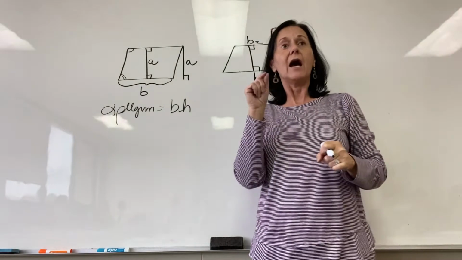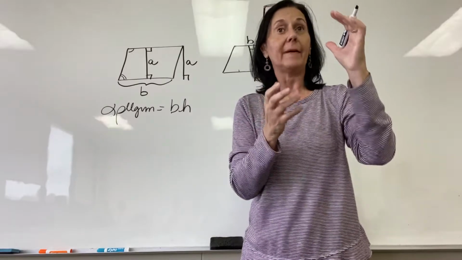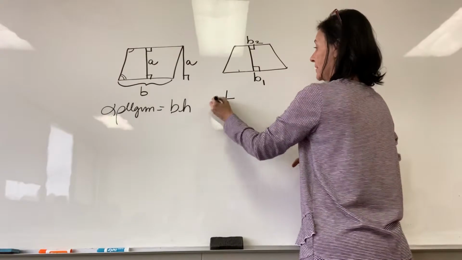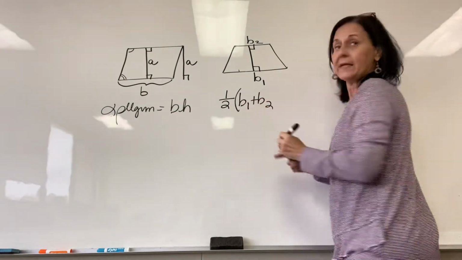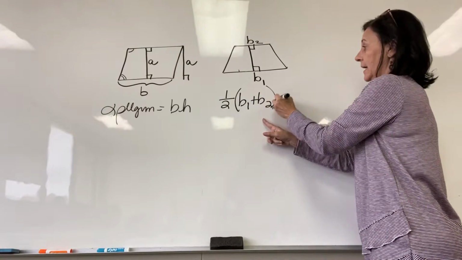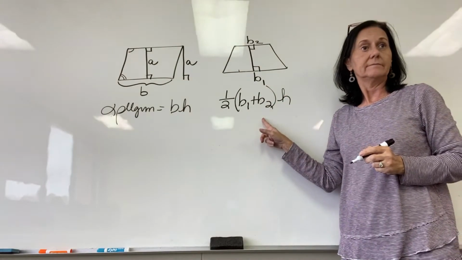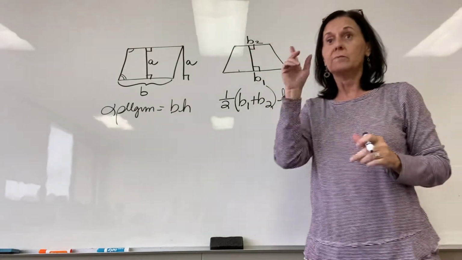For the area of a trapezoid, we average the length of the bases and multiply it by the height. So it's really 1/2 the sum of those bases times the height. Got it? You're literally averaging those bases.